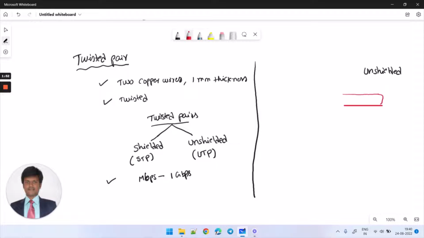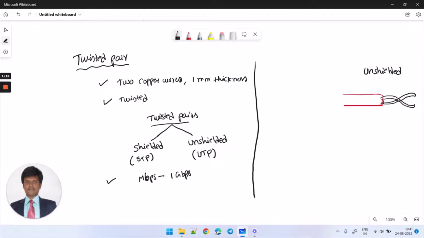Then there are two copper wires. This is the first copper wire, and two copper wires are twisted together. This is an example of unshielded twisted pair, the pictorial representation.